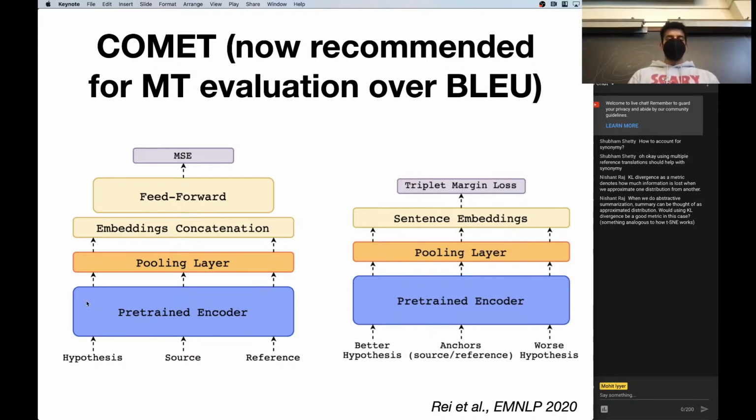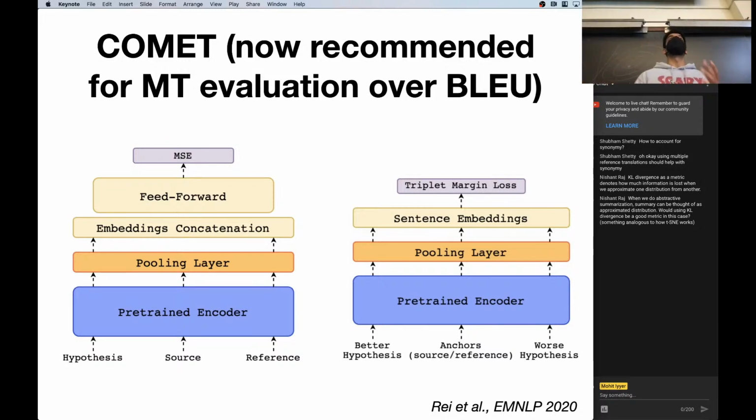Probably for each hypothesis, source and reference, they get a separate vector by averaging those tokens together. Then they concatenate those, put them through a feed-forward layer, and then they're training this as a regression problem. So given this final vector, can you predict the number from 1 to 5 of what a human thought was the adequacy of this translation or the fluency, right?